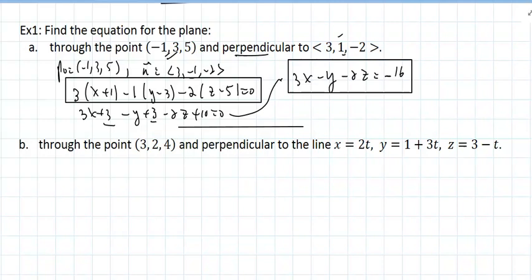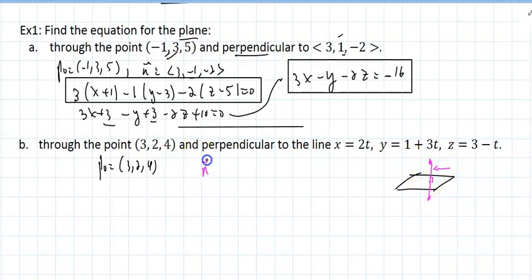Here's another example. Find me an equation of a plane through the point. Again, they gave me the point. That's very good. That is 3, 2, 4. You could call it r sub 0 if you wish. That's perpendicular to the line. Well, think of it this way. If I have a plane, and there's a line perpendicular to it, isn't any multiple of that vector perpendicular to the plane?